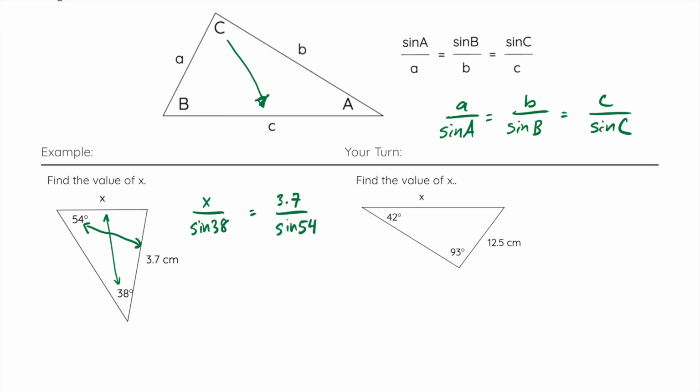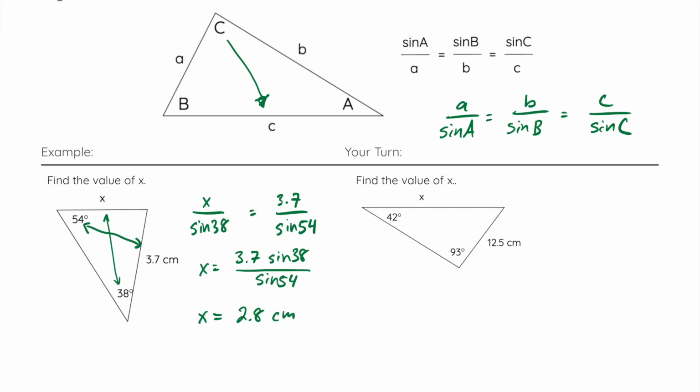To isolate x, I have the sine 38 in the denominator, so I'm going to multiply both sides by sine 38, and that would leave me with x equal to 3.7 times sine of 38, all divided by sine of 54. Now I would plug this into the calculator, and I end up with a value of 2.8 centimeters.